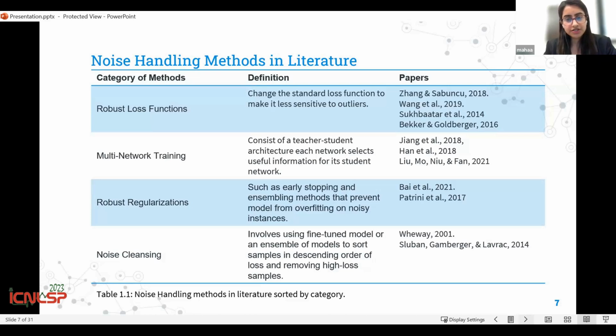We have robust regularization, such as early stopping or ensembling methods that prevent the model from overfitting on noisy instances. And we also have noise cleaning, which involves taking a fine-tuned model or an ensemble of models to sort samples in descending order of the loss. Here, loss is used as an error detector. Intuitively, high loss samples are usually considered noisy samples, and low loss samples are usually considered clean.